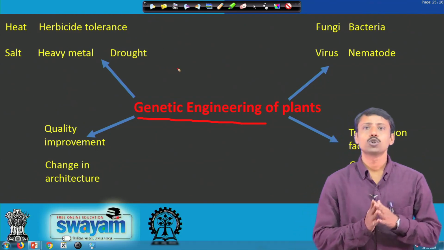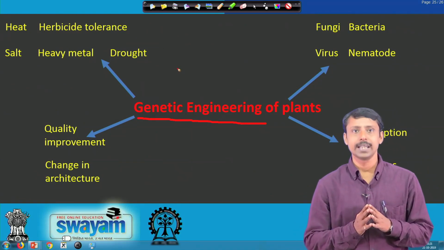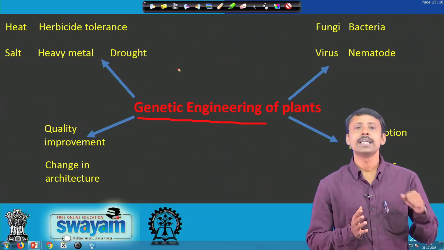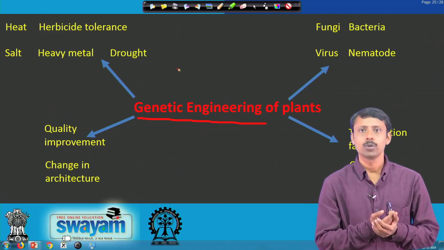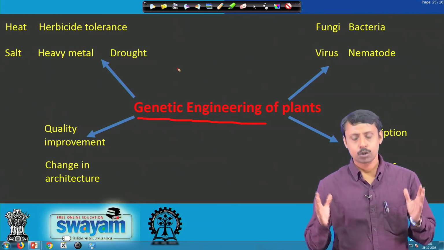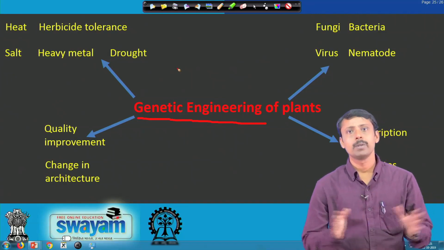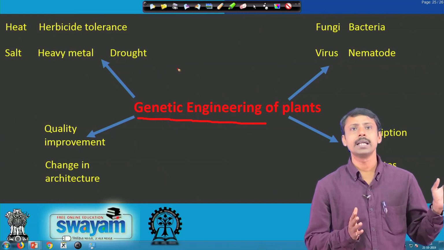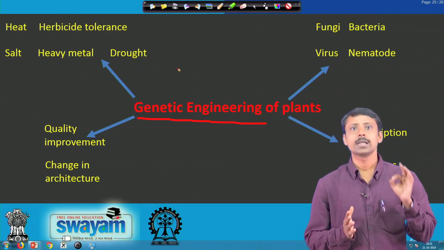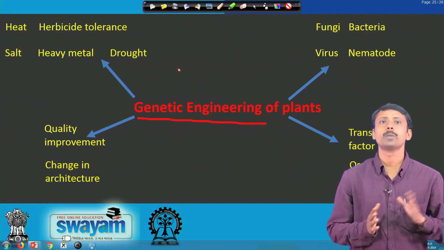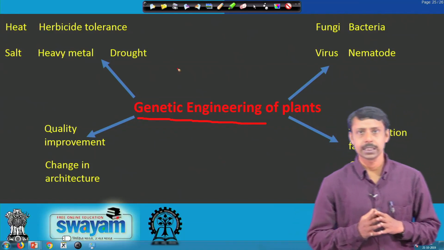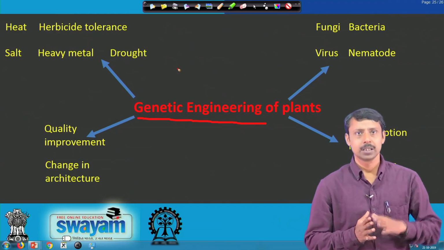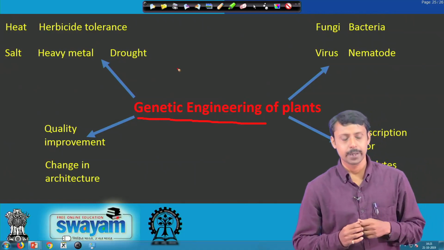In the US, most of the soybean which is grown is herbicide tolerant, and several genetic engineering modifications have been done in their genome, so that in a crop where those particular soybean varieties are grown, we can apply herbicides, the weeds will be killed, but the transgenic, genetically engineered plants will not be killed, and it will help in mechanization. The labor cost will be minimized by those types of transgenic development.